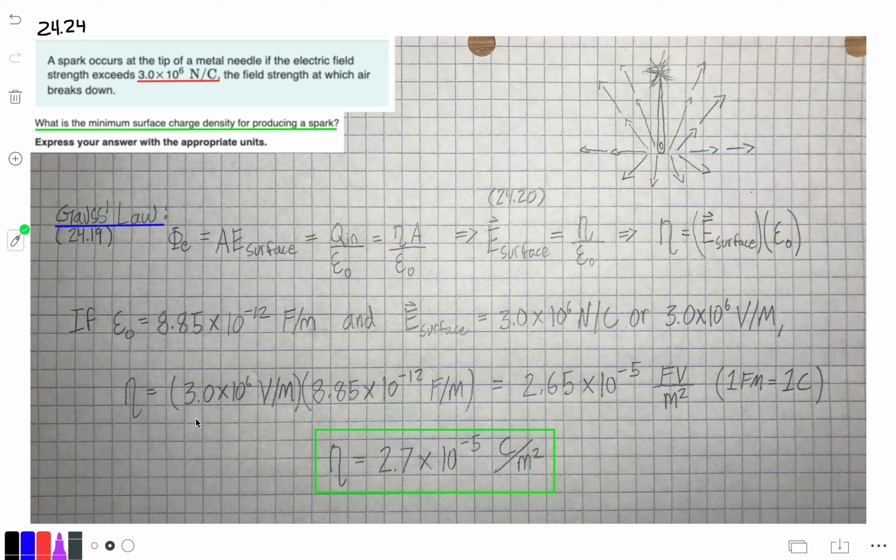So as you can see, I've gone ahead and rewritten our units, and we are just plugging straight in for our surface charge density here, and then we're left with this value.